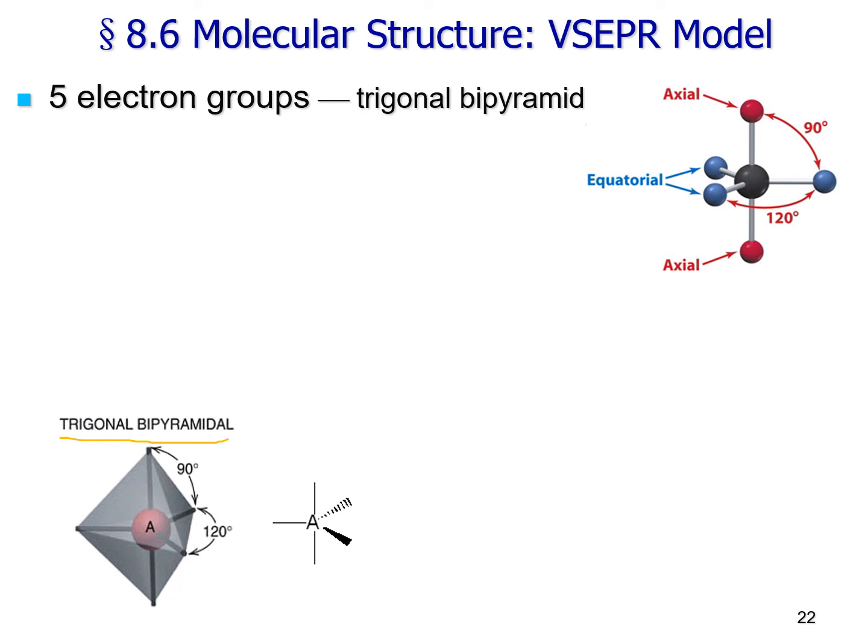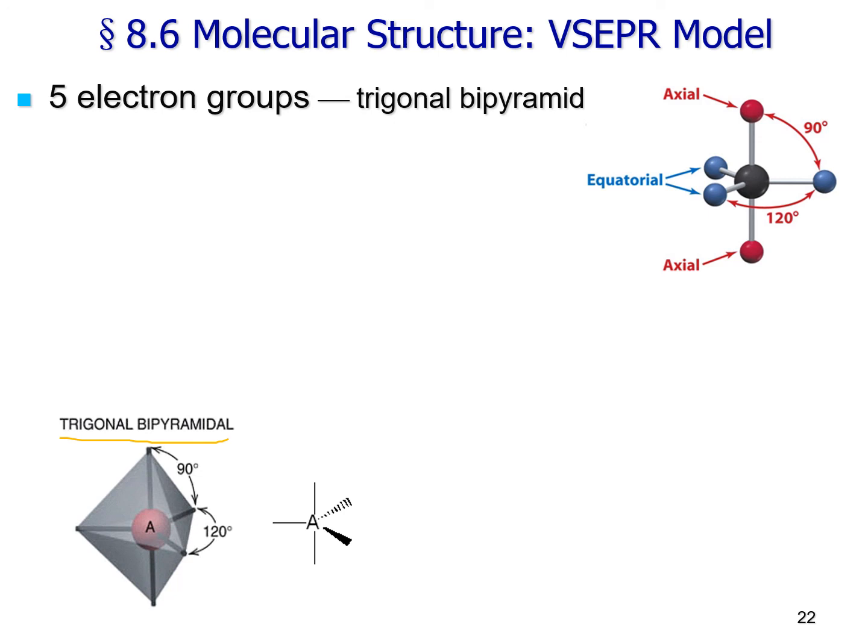So that is the reason why we call the 2 north and south axial and the 3 equatorial. So we have 5 atoms with 2 very different spatial orientations.